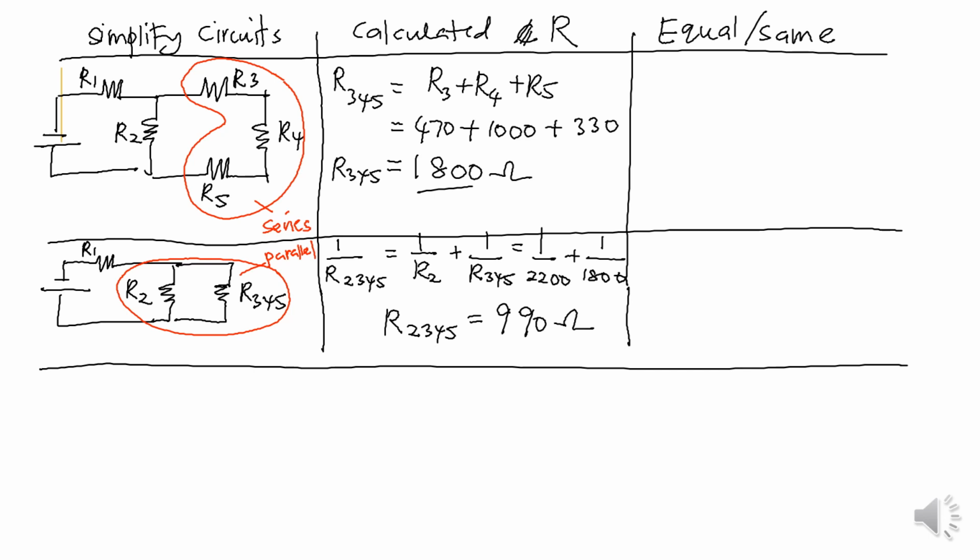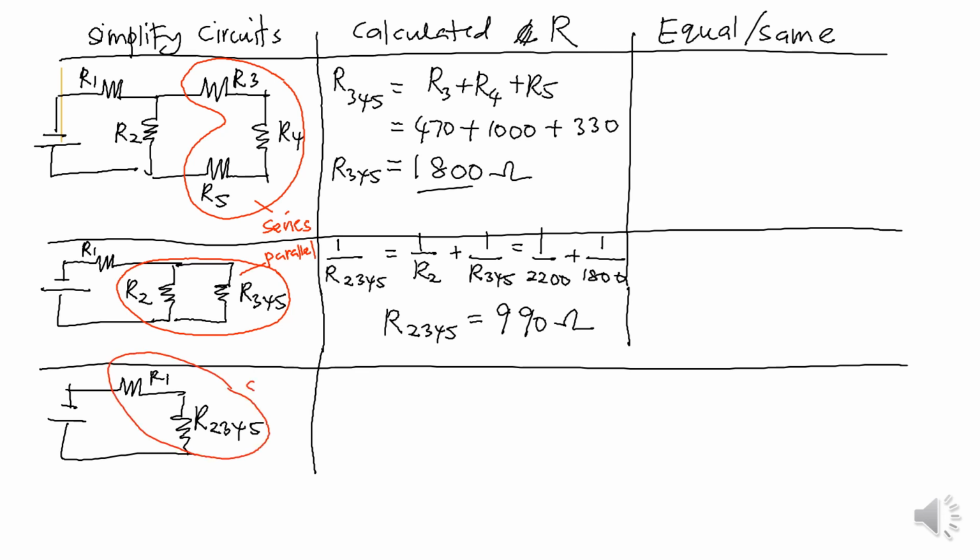Dan last sekali, gambar yang terakhir adalah apabila tinggal R1 dan R2345. Okay, so last sekali dia adalah bersambung secara series. Okay, so kita ambil lah yang series lah. Macam mana nak kira R series?